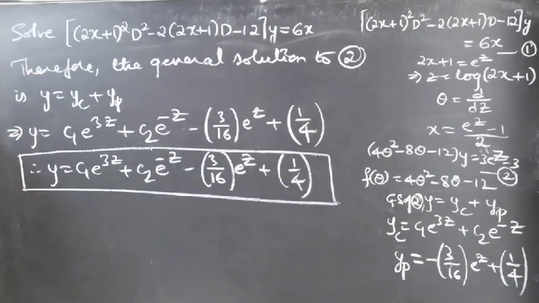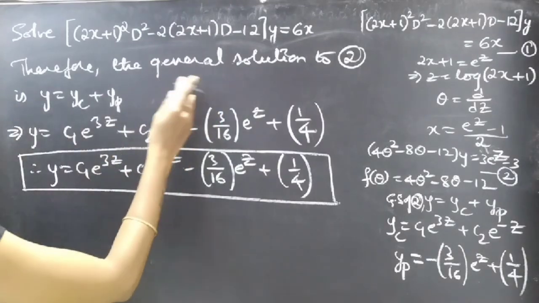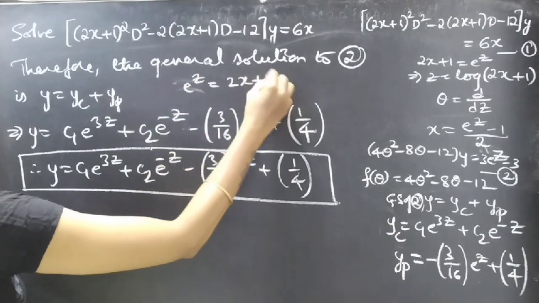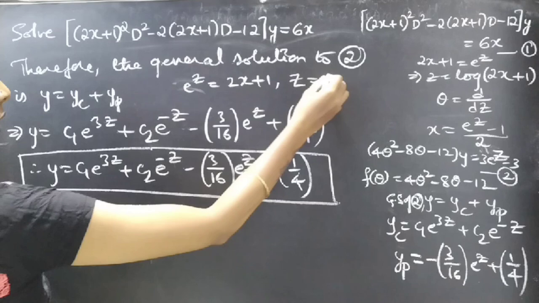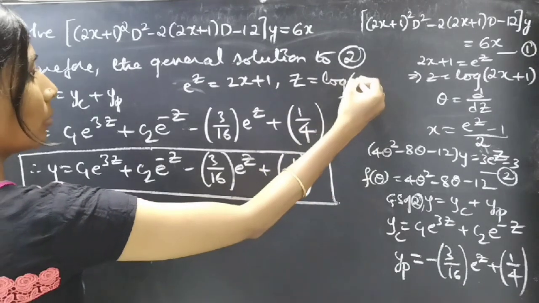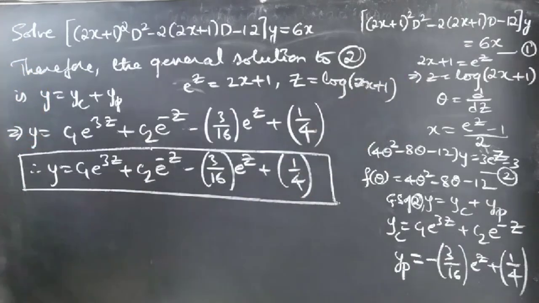Okay, but we need to find the general solution to the given equation, right? So we'll just replace e power z by 2x plus 1, or if you have any z, you'll replace z by log of 2x plus 1.